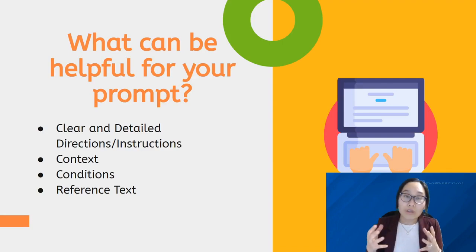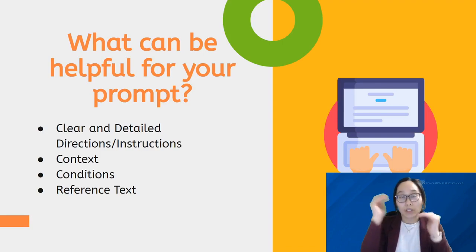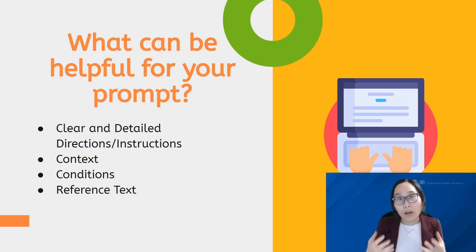So conditions for the prompt could be something along the lines of wanting it to only have an output of 250 words versus 100 words, or having it come out in bullet form, or having it come out in table form. Are there certain keywords that you want the output to have, or are there certain keywords that you do not want the output to have? What style or tone do you want the output to be in, right?